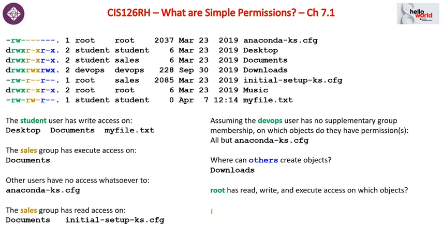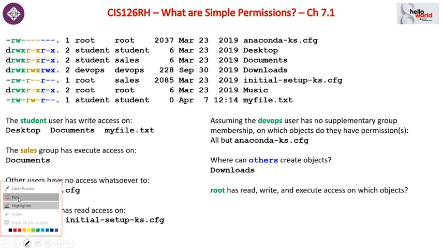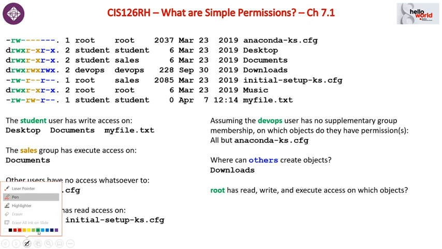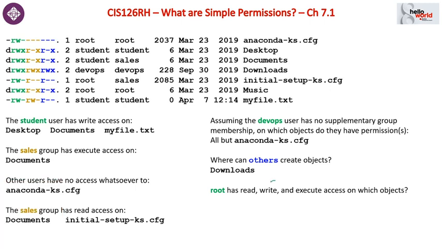Because it's root. The big thing to remember here is that root is the super user. To some degree, the super user has access to everything, almost irrespective of their permissions.